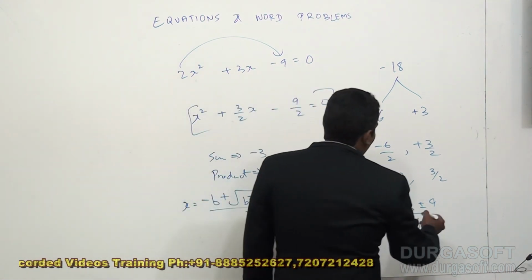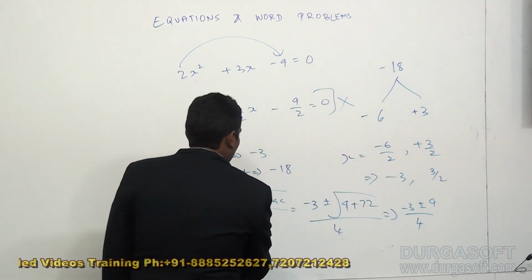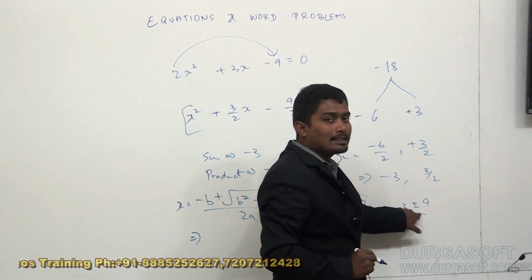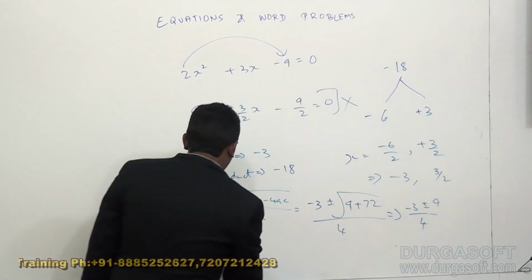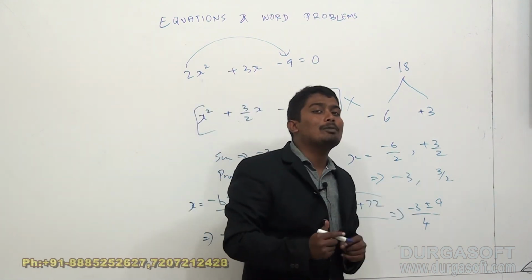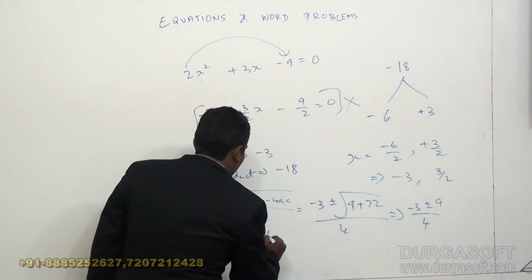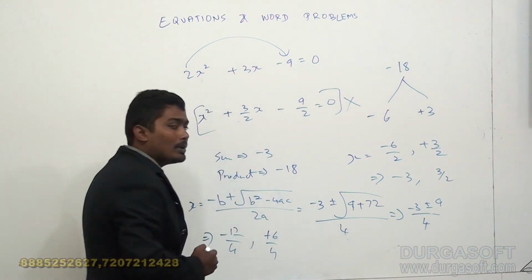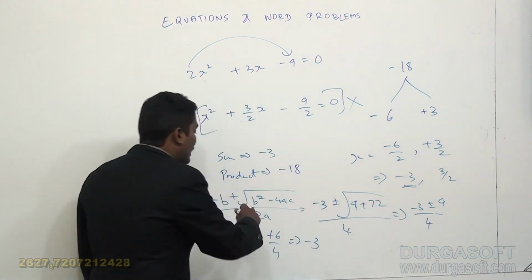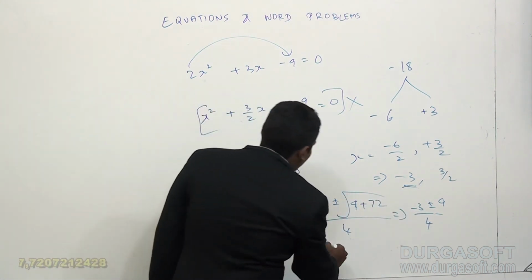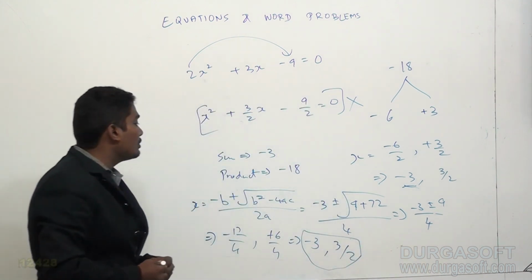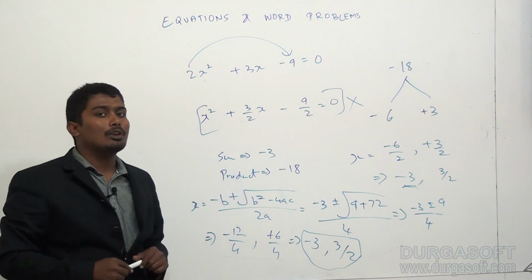Now minus 3 minus 9 will become minus 12, so minus 12 by 4, and minus 3 plus 9 will become plus 6, plus 6 by 4. Minus 12 by 4 will be minus 3, the same answer that we got here. Plus 6 by 4 will be 3 by 2, the same answer that we had got. So you can either use the formula method or the other method to solve this kind of problem.